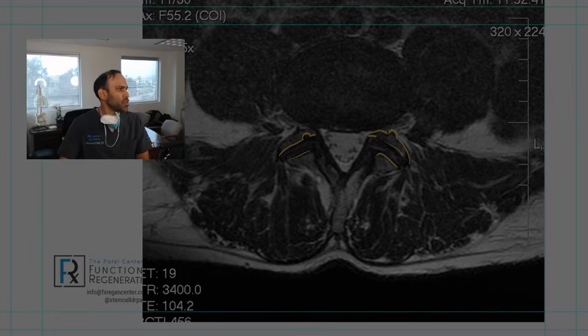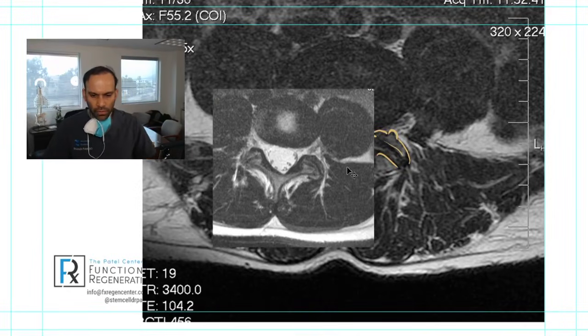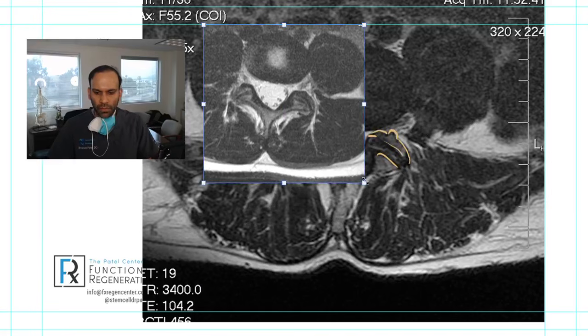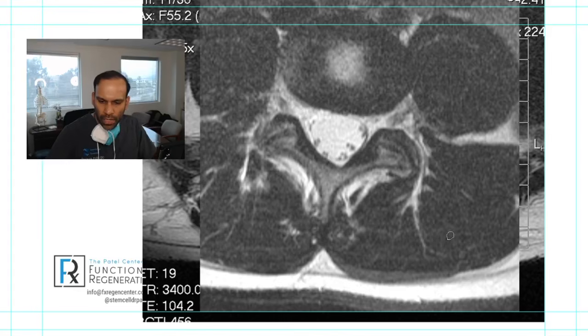I want to show you another example of some arthritis in the joint here. So again, when we're looking at these facet joints here, you're actually starting to see some increase in the bone here. It's starting to bulk up, right?